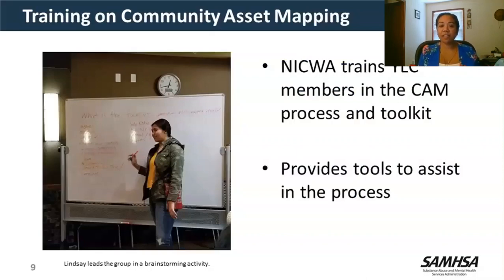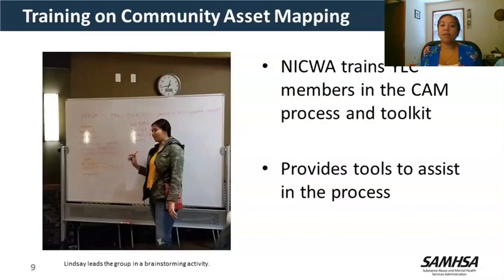The first visit that we did with them was training them on the community asset mapping process and on the toolkit. We had about 3 hours with the group to train on the process and what that looks like.